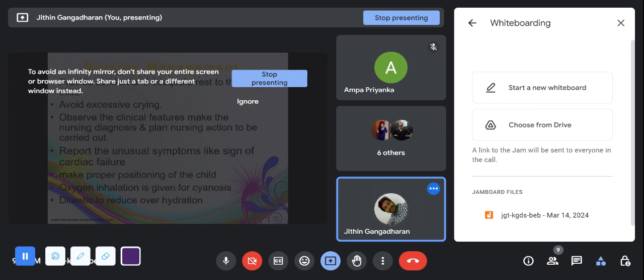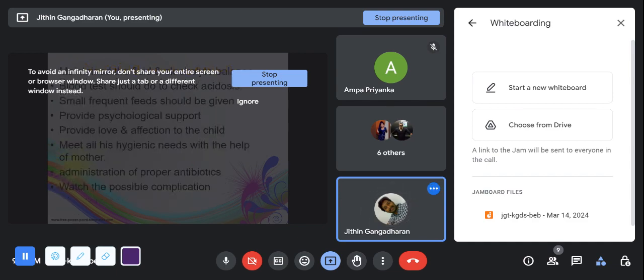Nursing management: rest. You have to avoid excessive crying, so the baby should be attended early. Then check for cardiac failure. Oxygenation: you have to give oxygen separately, and the baby will be in an oxygen hood. Then diuretics to reduce overhydration.